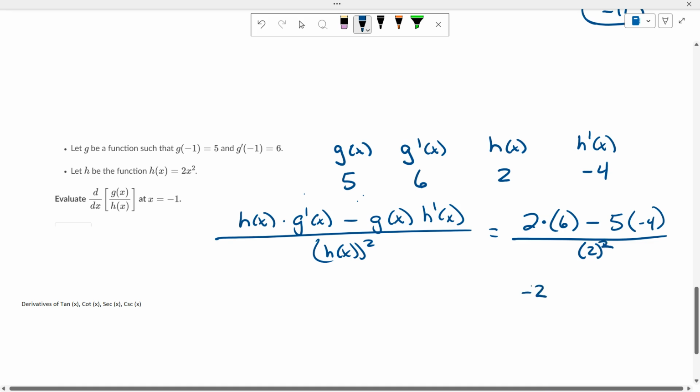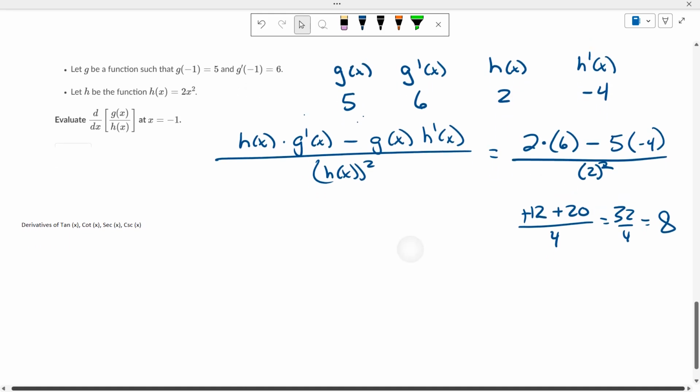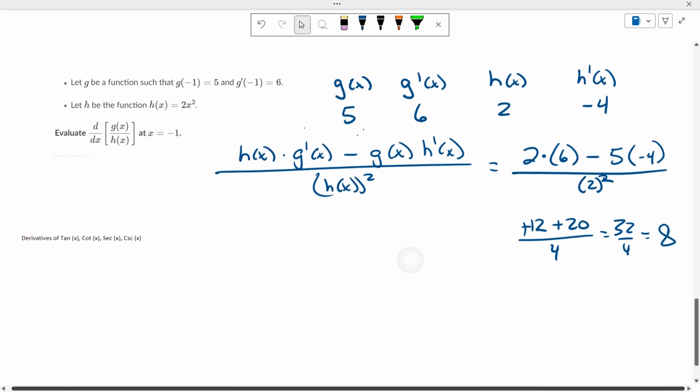Or -12 plus 20 over 4, which is 8 over 4, which is simply 2. Ooh, that should be positive 12, right? So it's 32 over that, which is 8. H of x? Plug -1 into that function.